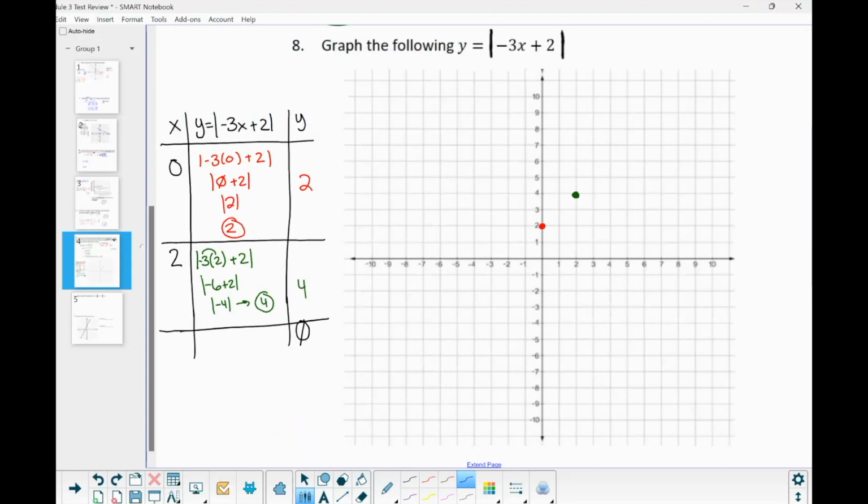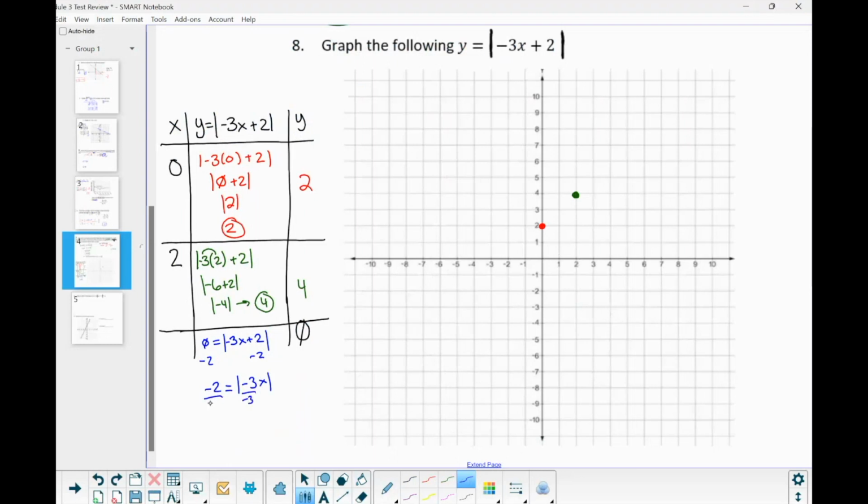And finally, we're going to plug in 0 for Y. So we're going to have 0 equals -3x plus 2. So I'm going to move over this 2 to the other side by doing the opposite operation. We are left with -2 equals -3x.